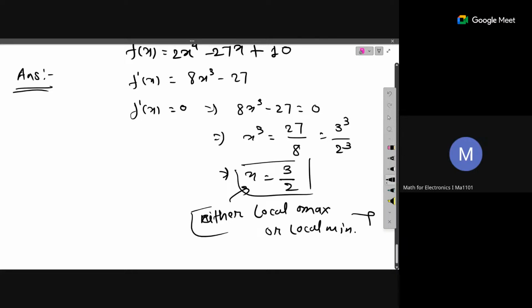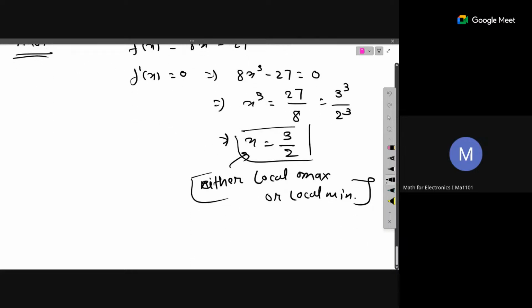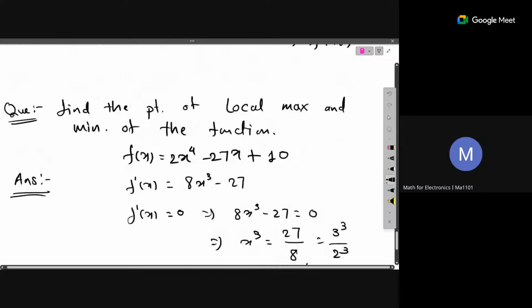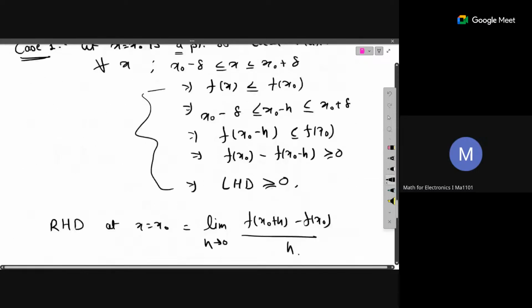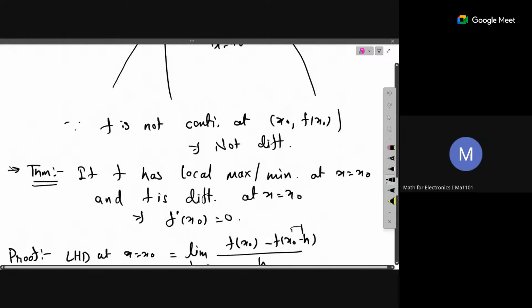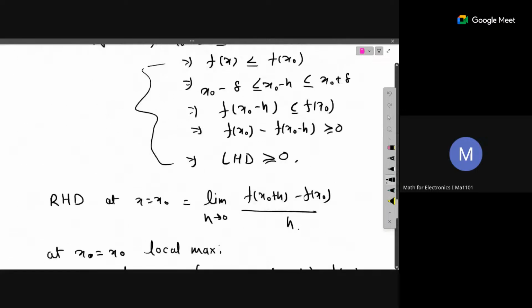Still, we cannot say specifically that it is a point of local maxima. For that, we need a higher derivative test. Okay. So now let's go to the next topic, which is the mean value theorem.